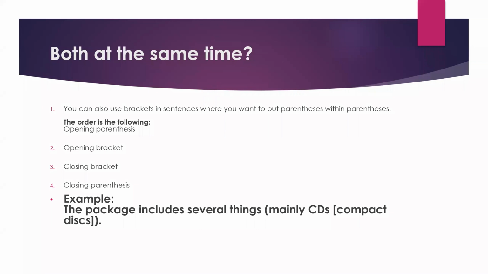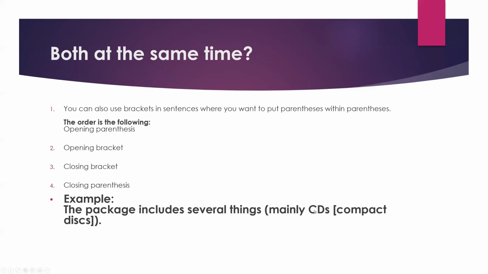Now you can use both at the same time, both parentheses and brackets, okay? How do you do that? First, you open the parentheses, and then within those parentheses, the square brackets fall, okay? For example, in this sentence, the package includes several things (mainly CDs [compact discs]).